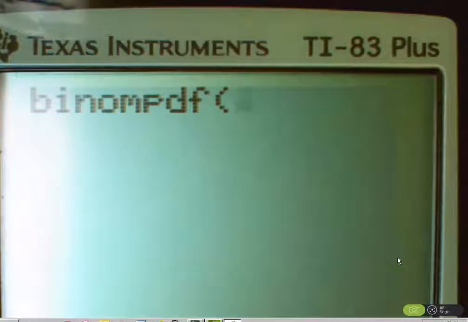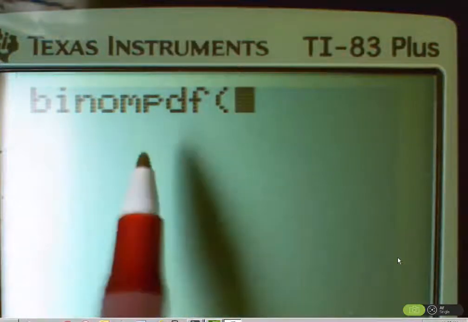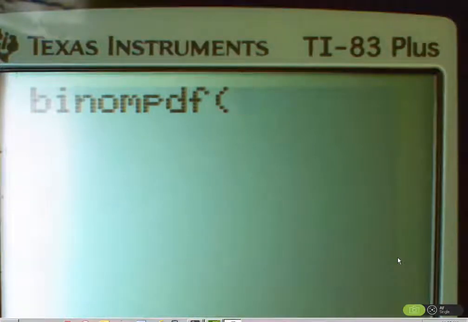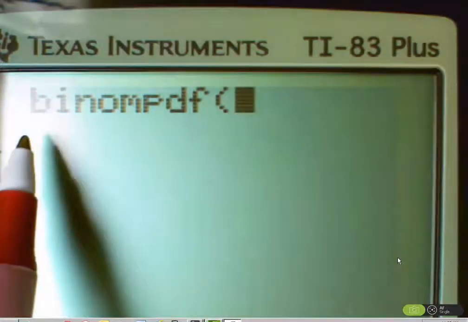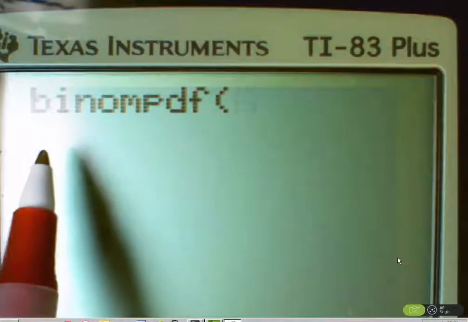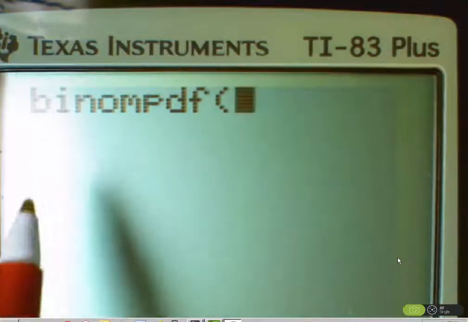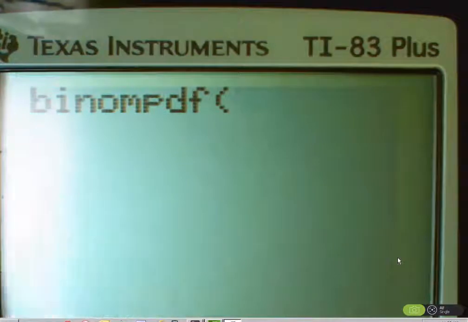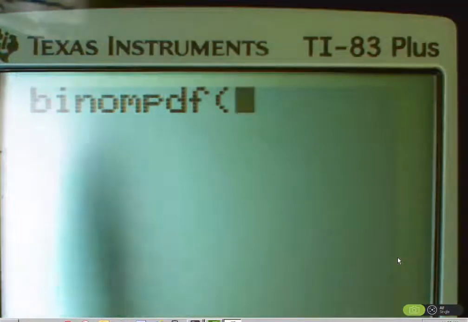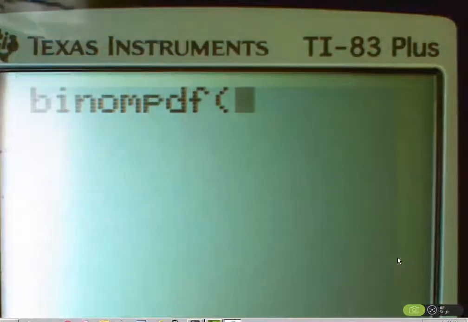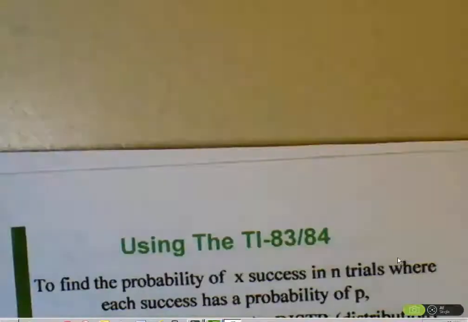The 3 values that I need to enter are the value of N and the value of P and the value of X. On some calculators, rather than going to this blank screen, you'll go to a screen that has binomial PDF at the top, and then it asks you for number of trials, number of successes, and probability of success. If that's how your calculator operates, you just enter those 3 numbers. For me, I'll need to enter the N and the P and the X separated by commas.